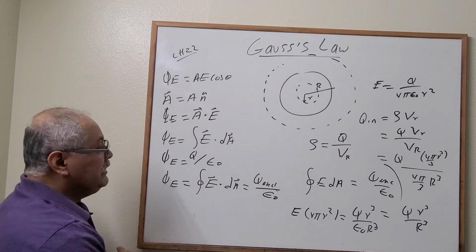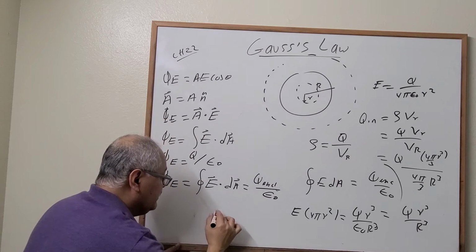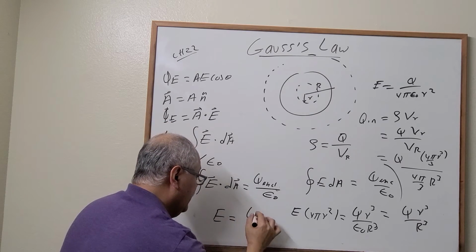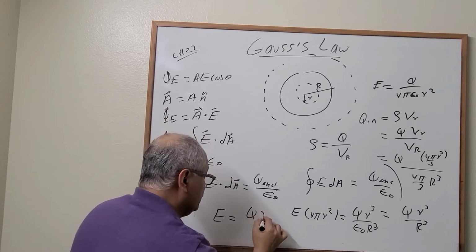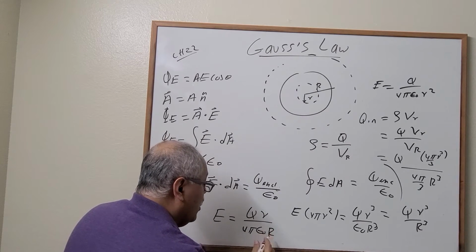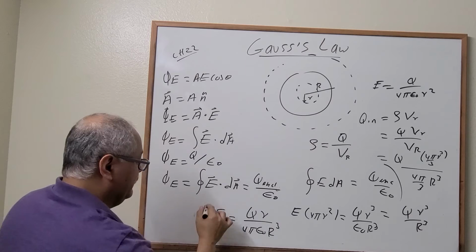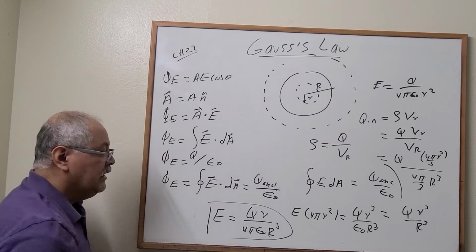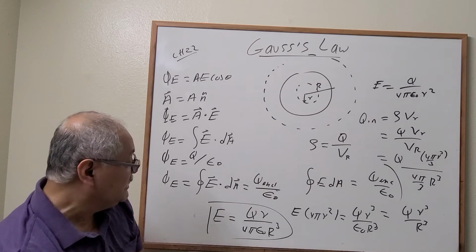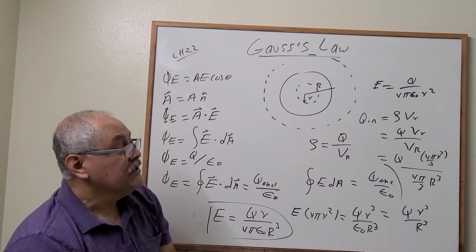Now from here, the electric field is going to be equal to this charge times r divided by 4 pi epsilon naught big R cubed, and that's the electric field inside of this solid sphere.